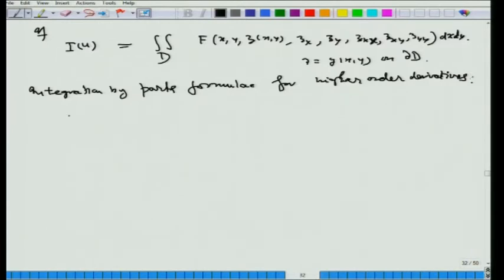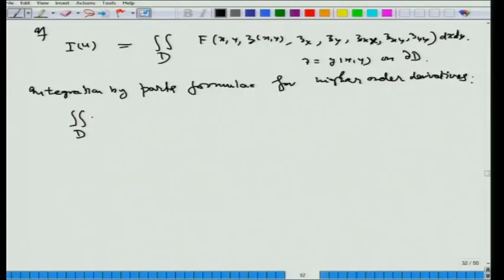Recall that we had this double integral over D of (N_x minus M_y) dx dy, it was equal to the line integral of M dx plus N dy.